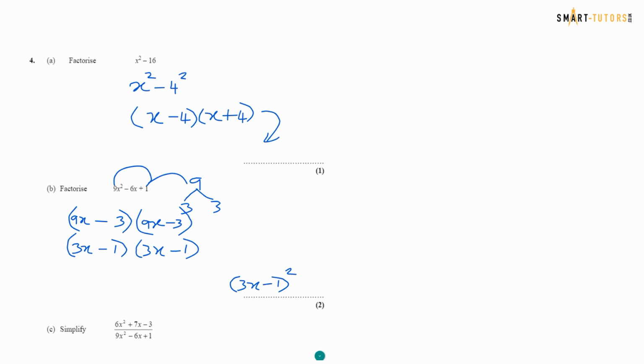So the next one, the C part I'm trying to do here, 6x squared plus 7x minus 3. Sometimes this type of question gives more marks, and it's worth doing because you're already familiar with the factorization. So just to quickly plot the answers. 6 times 3 is 18. 18 factors are 2 and 9. 9 take away 2 is 7.